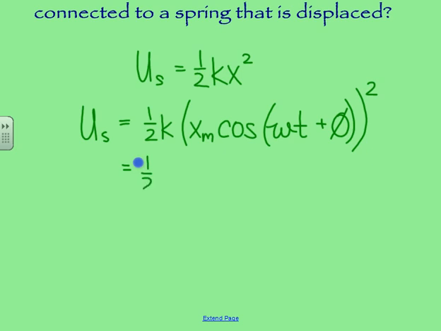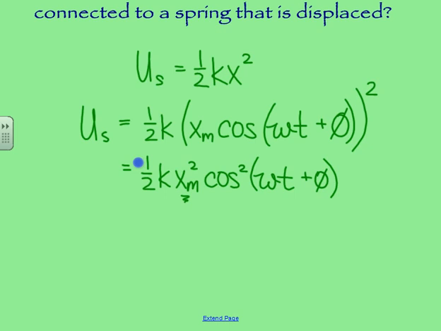Simplifying this, I get 1/2 k xm squared times the cosine squared of omega t plus phi. We know that this is at a maximum when the cosine of the expression is 1, which happens to be at the amplitude.